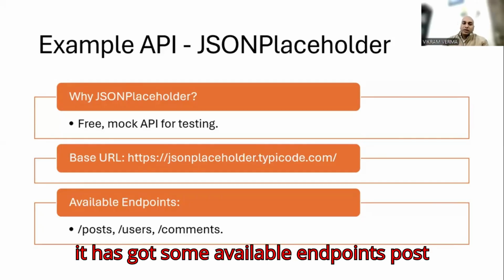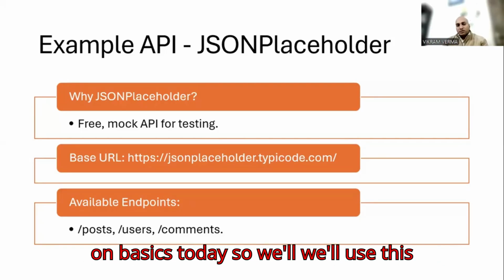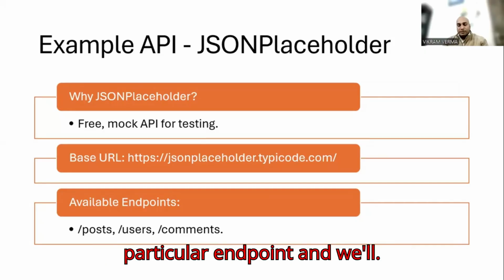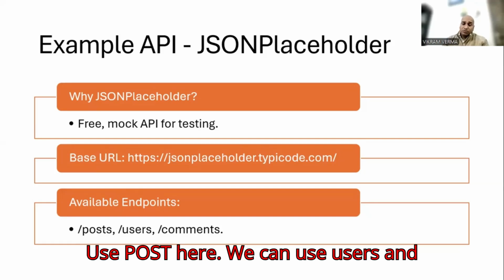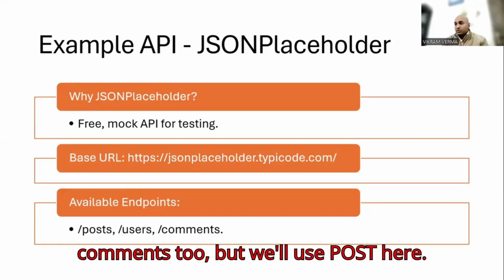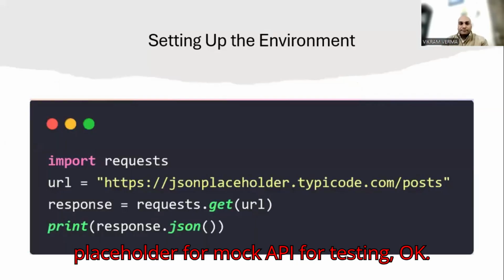It has some available endpoints: posts, users, and comments. Because we are working on basics today, we'll use the posts endpoint here. We can use users and comments too, but we'll use posts. So we are going to use JSON placeholder as a mock API for testing.